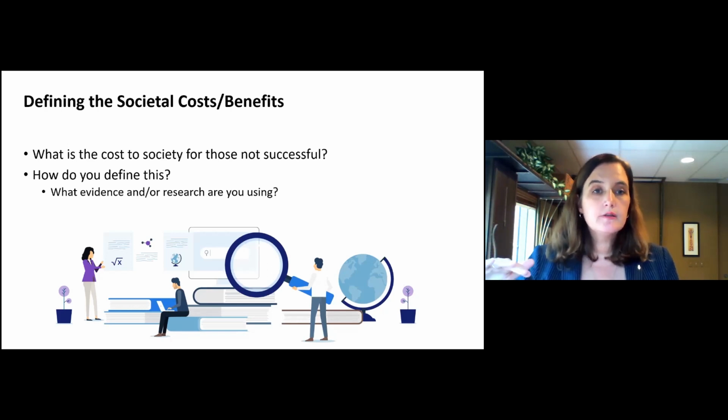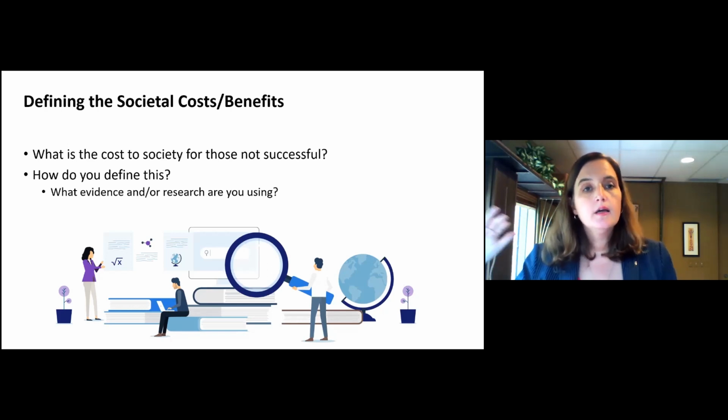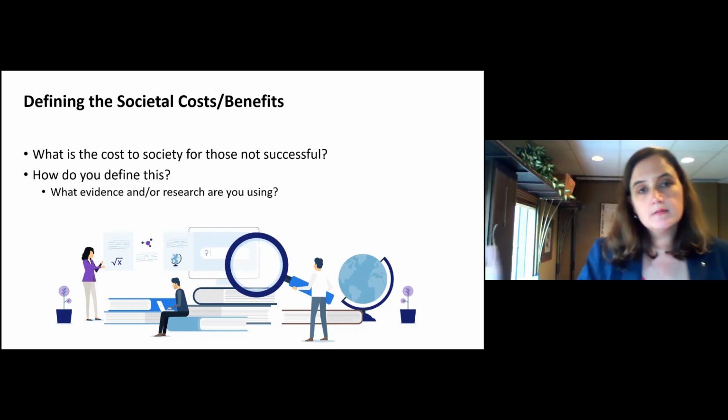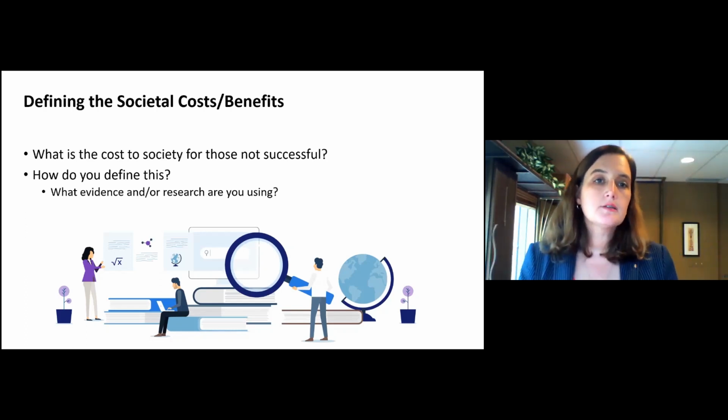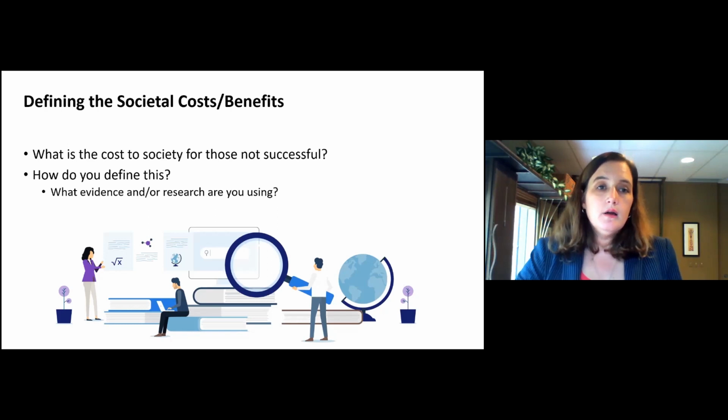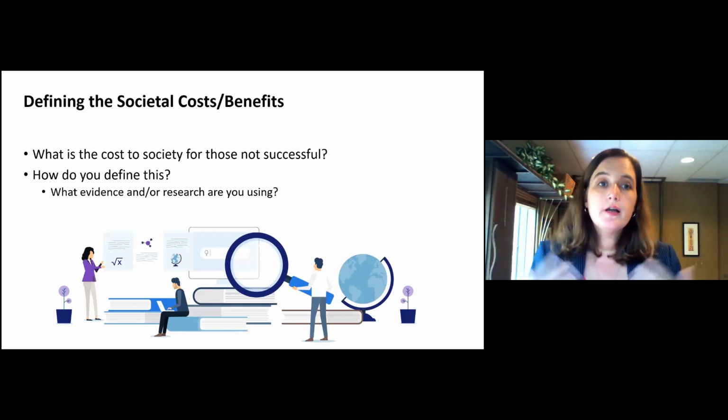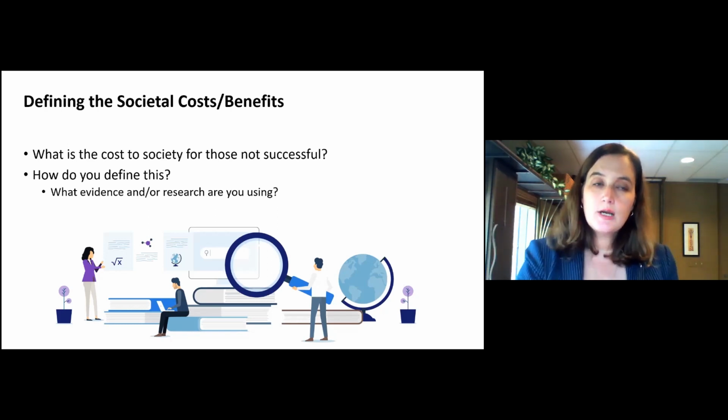So what was the likelihood that they would be in jail or needing more costly services or have loss of income? So sometimes you have to go to the literature and find what research studies say and extrapolate to your data.